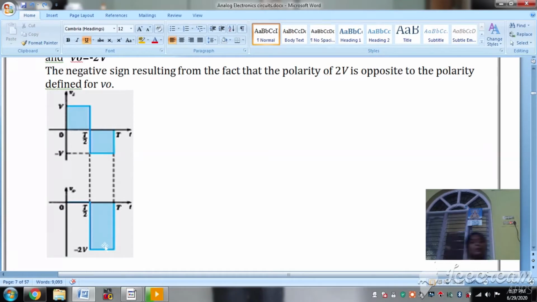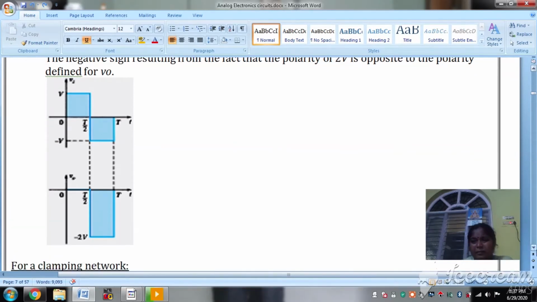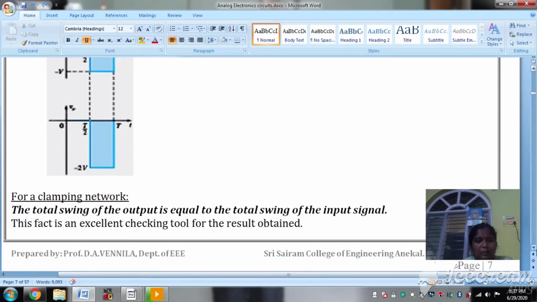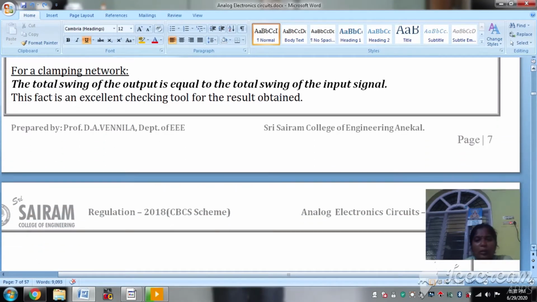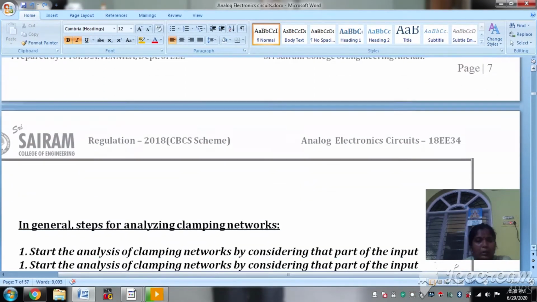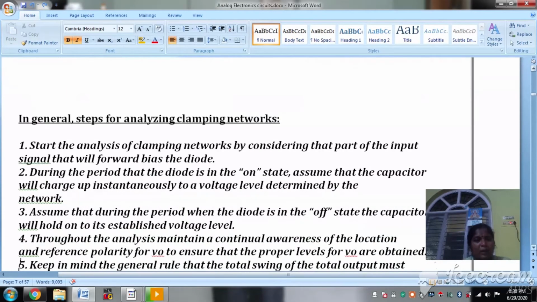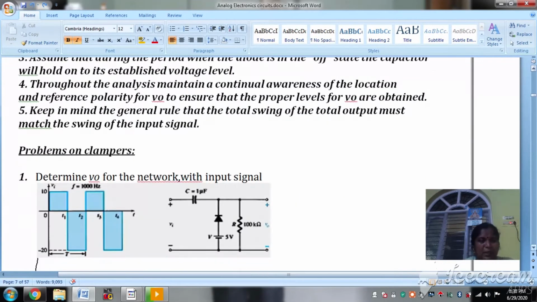Okay, so this is your negative clamping. So the total swing is 0 to minus 2V volt. These are the steps I have told for analysis.